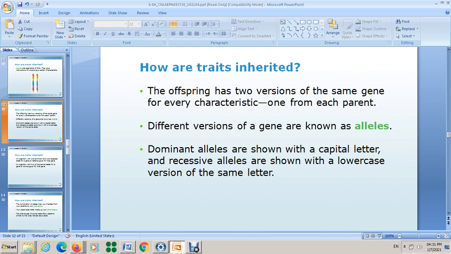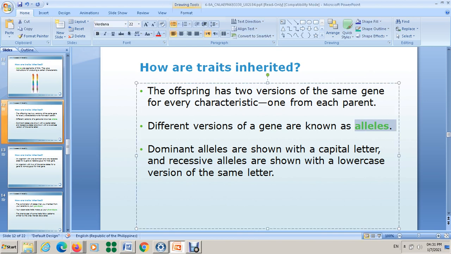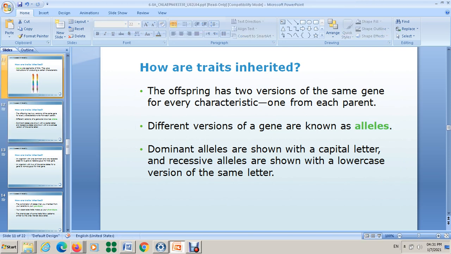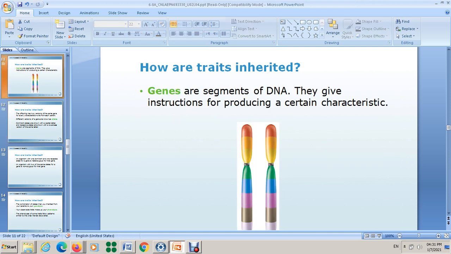Now, look at this term, a new definition. We have something called alleles. What are alleles? They are different versions of a gene, known as alleles. If I want to talk about this blue one, it's DNA from your mom. And this one here is a DNA gene from your dad.